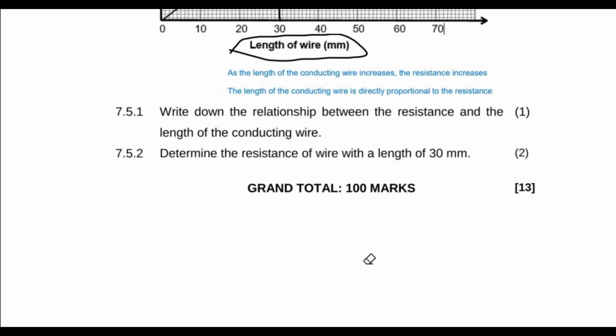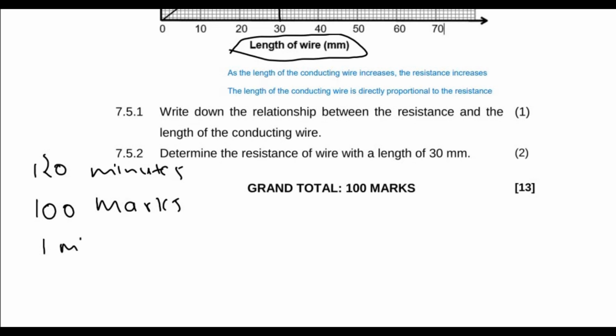The last thing that I want to say is that you are given about 2 hours, which is 120 minutes, to write this paper, and it's 100 marks. So typically it means 1 minute, 1 mark.